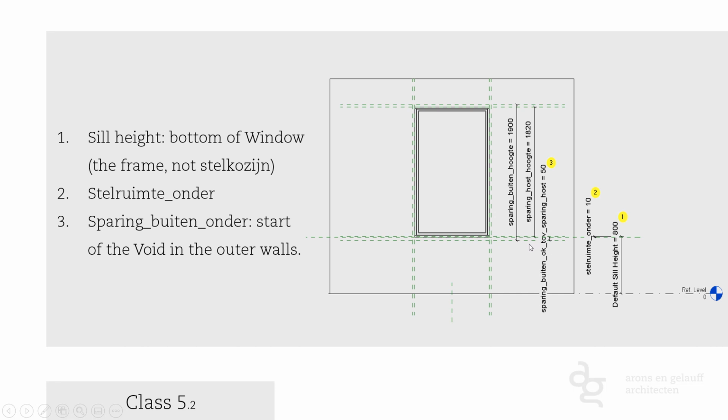And then from that reference level on, you can set the sparing height for the outside. And sparing buitenhoogte starts where the stelruimte starts. So the timber stelkozijn around it will be fixed into the wall.